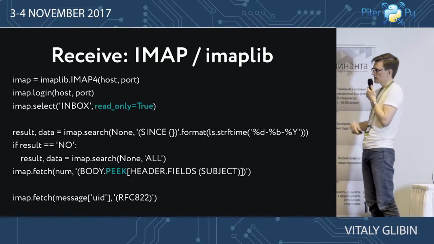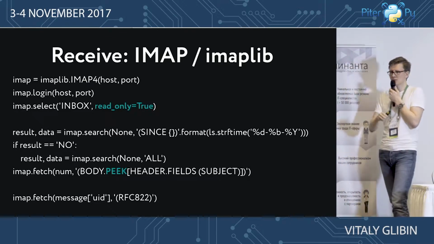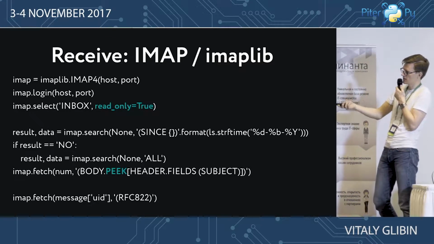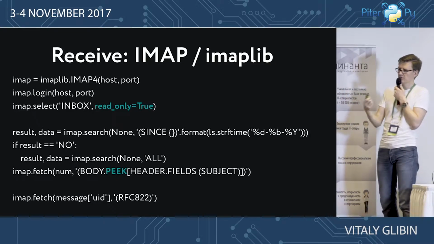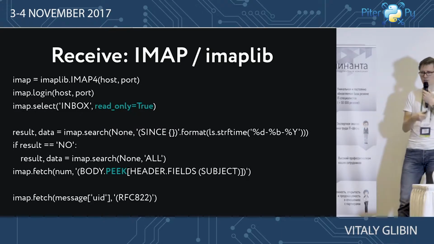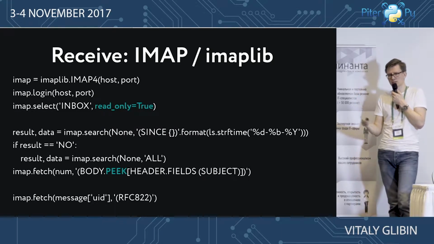Consequently, another important thing is that IMAP makes it possible to receive the information in pieces, not all the headers or all the texts. You can make a request and get only a piece of it, like the message ID.